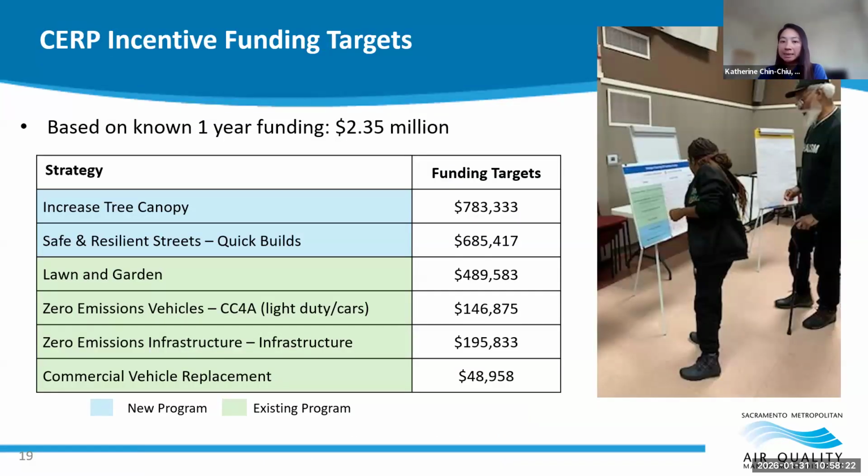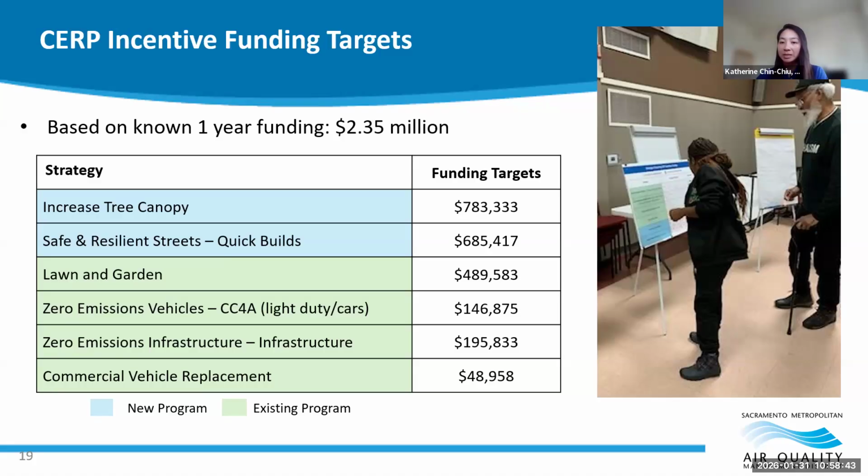Moving to slide 19, some strategies also require incentives funding. Based on the known funding for the community air protection or CAP incentives of 4.7 million, half of this amount is dedicated to this particular program to be invested into South Sacramento Florin.